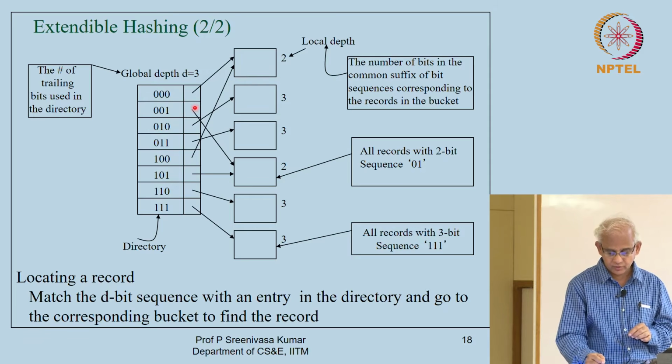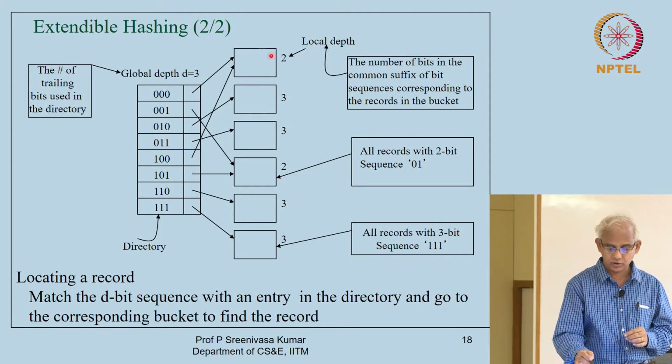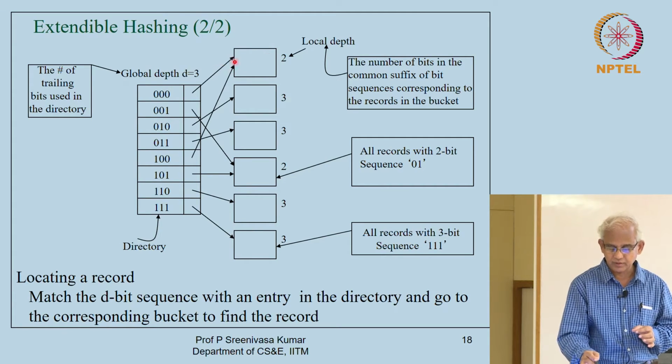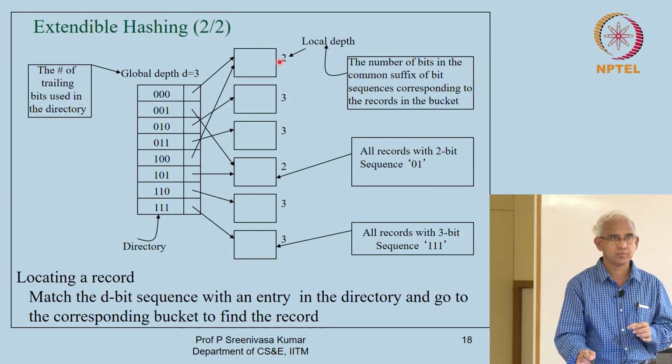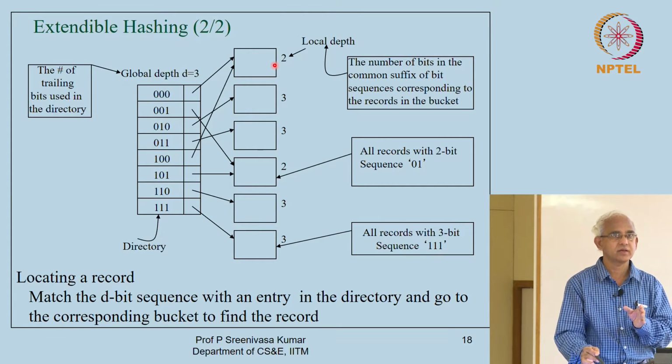Now, as time progresses, more records will come into the picture, and it is possible that a particular bucket with some local depth which is less than the global depth might actually have overflow. If it overflows, what we do is to split this particular bucket, and redistribute the records in that bucket into 2 different buckets, and then make use of the next trailing bit.